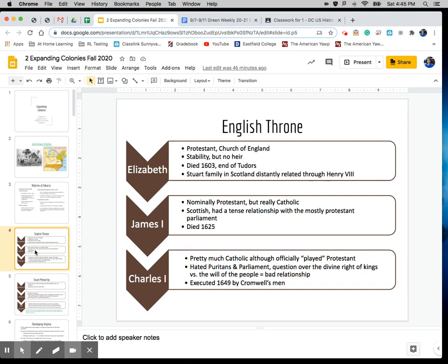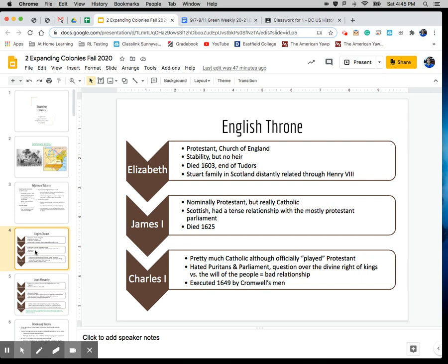He doesn't like the controls that Parliament puts on him financially. So he's constantly dissolving Parliament. And so basically he rules for a number of years without Parliament even in place. And he uses a variety of legalistic tricks to spend money. And this eventually triggers what is essentially an uprising among the parliament. And this ends up resulting in the English Civil War.